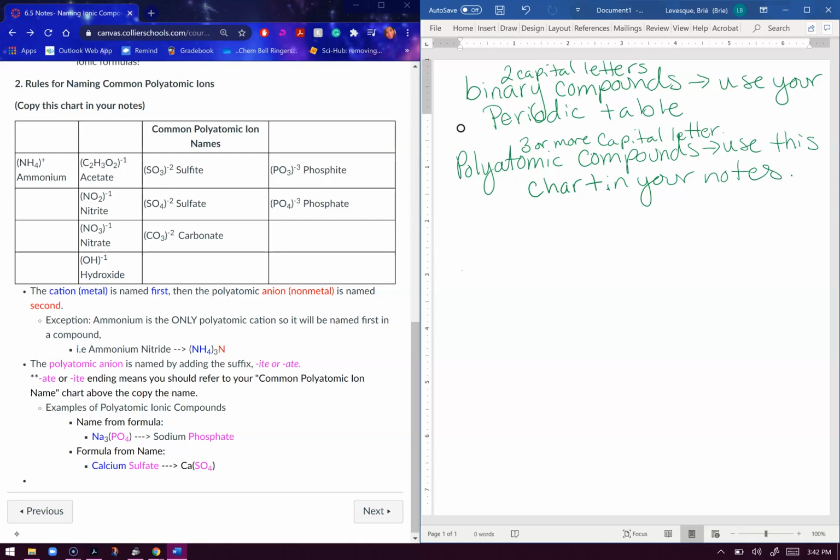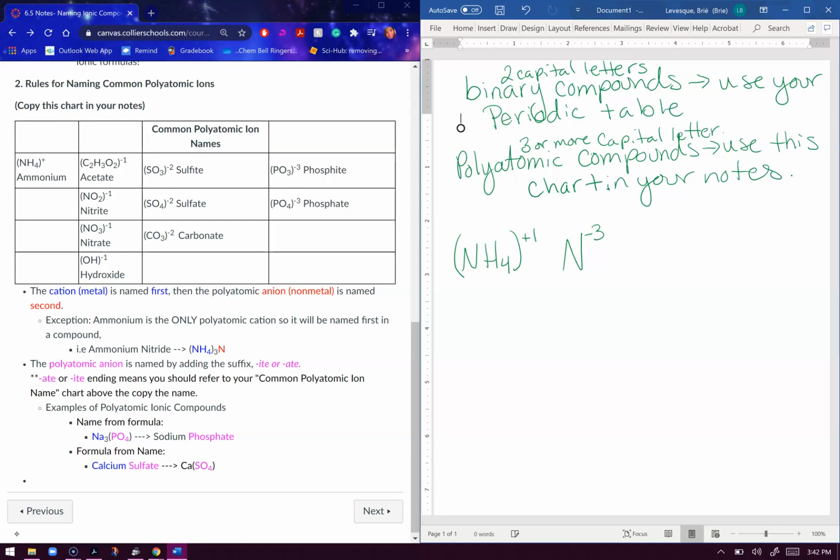And the reason ammonium nitride is NH4 is that ammonium has a +1 charge. We know that from our chart. Nitrogen is a -3 charge. We know this from the periodic table because it's in group 15, which means it needs to gain 3 electrons. Gaining 3 electrons is going to give it a -3 charge.